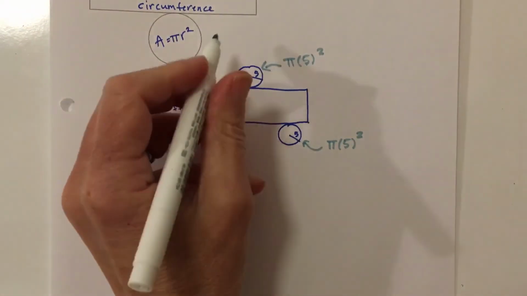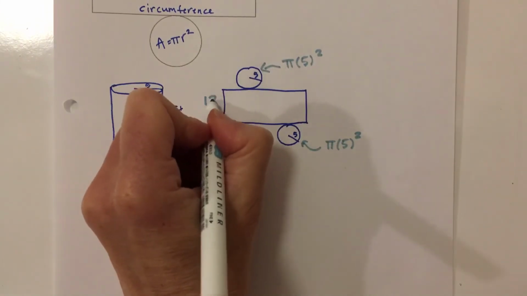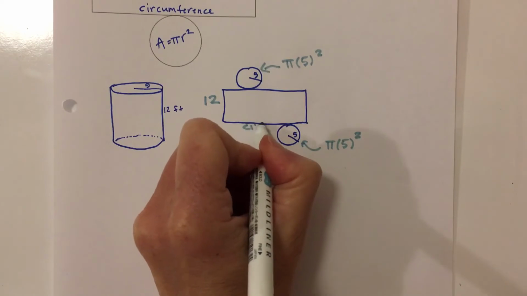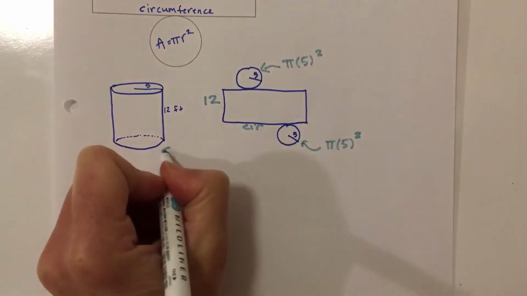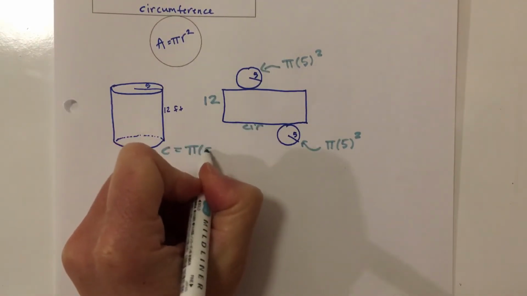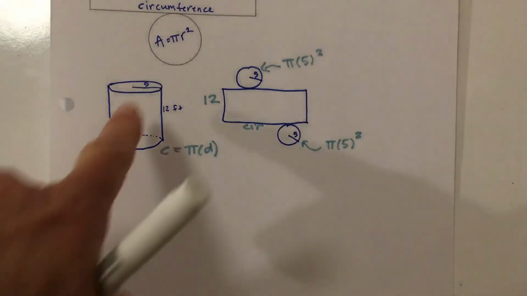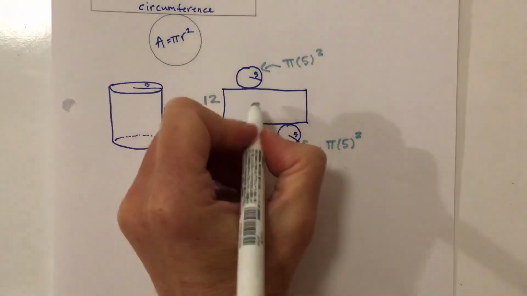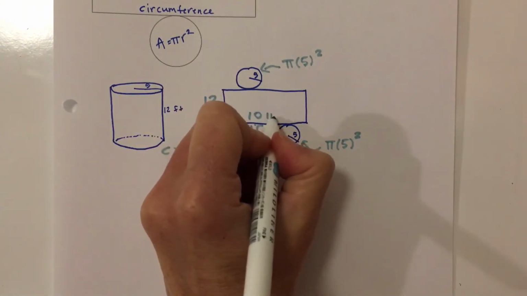As far as my rectangle goes, this is 12. And remember, this is the circumference. So this is always going to be the circumference. We know circumference is pi times diameter. So if the radius is 5, the diameter of the circle is 10. So this is going to be 10 pi.